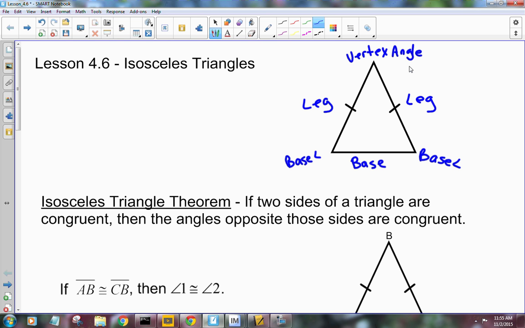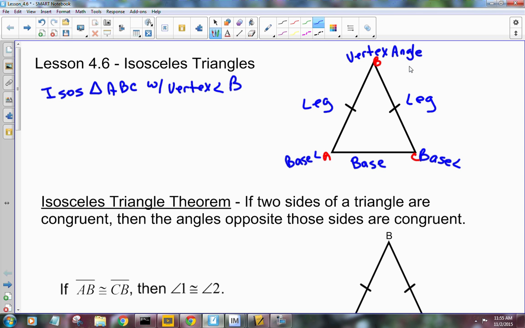Now let's say you were doing a proof, and in the proof, they said you had isosceles triangle ABC with vertex angle B. And this right here is triangle ABC.